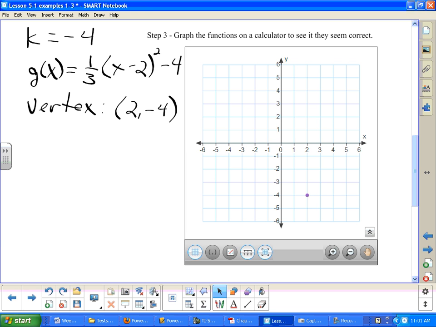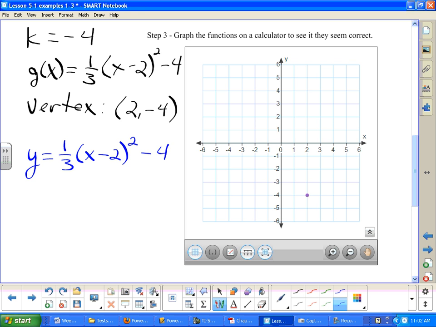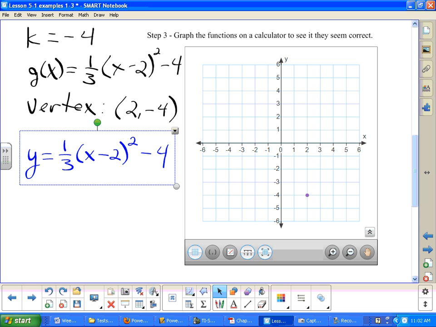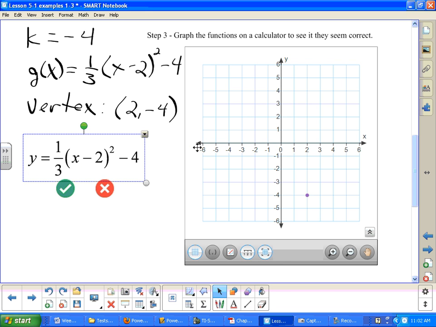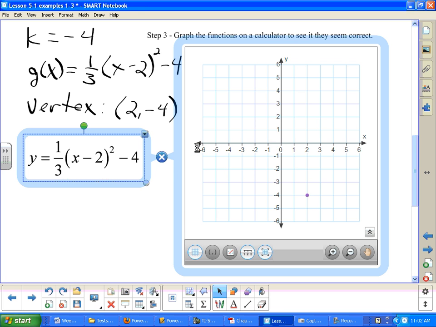A is positive, so it's going to open up. Okay, so let's see if I can actually get my work right. I don't think this will work, but I'm going to try it. Oh, look at that. So my graph should look like this.